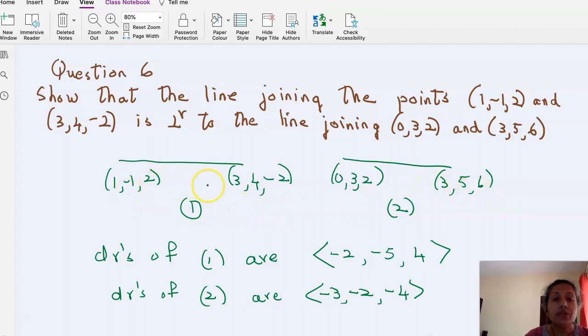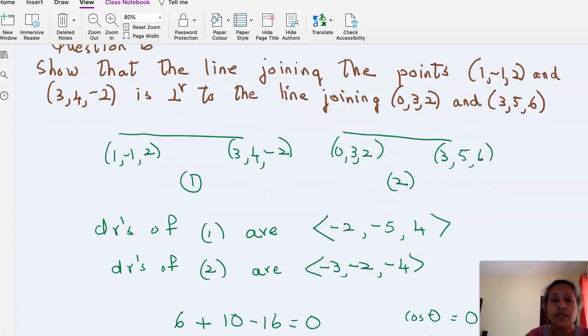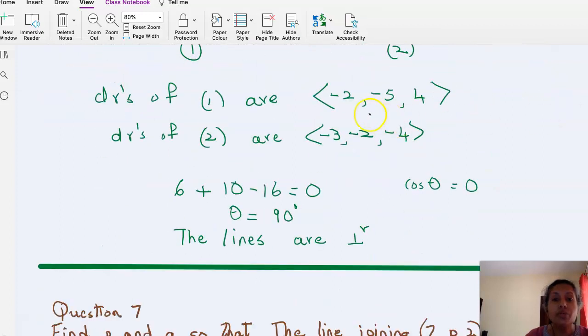First find the direction ratios of line 1. That will be 2, 5 and minus 4. You can go in any order. Direction ratios of line 2 will be 3, 2 and 4. And if we take the dot product of the two, we get 6 plus 10 minus 16, which is 0. So cos theta is 0, so theta is 90 degrees. So the lines are perpendicular.